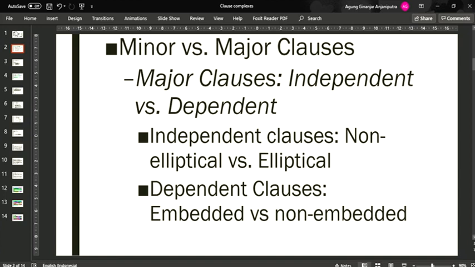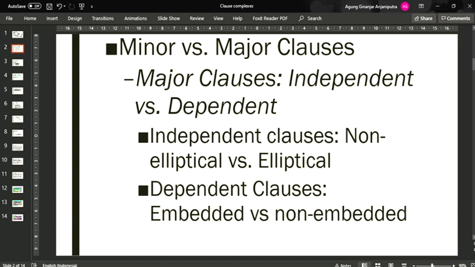For example, the question, "where were you born?" That's non-elliptical because the question is complete, the clause is complete, while elliptical is like the answer to the question. The answer might be "in Semarang." Then "in Semarang" is elliptical because the complete clause can be "I was born in Semarang."